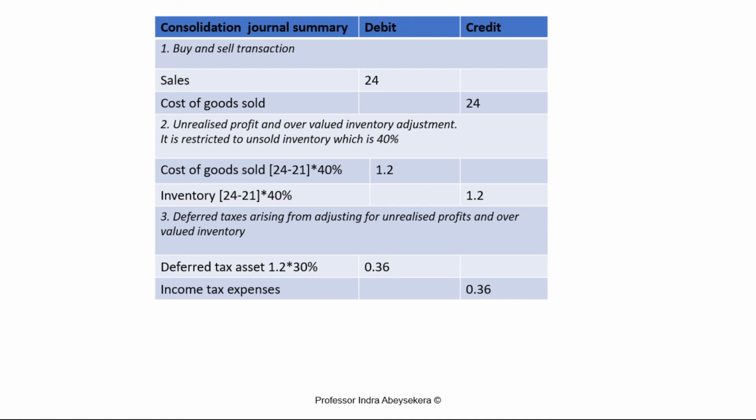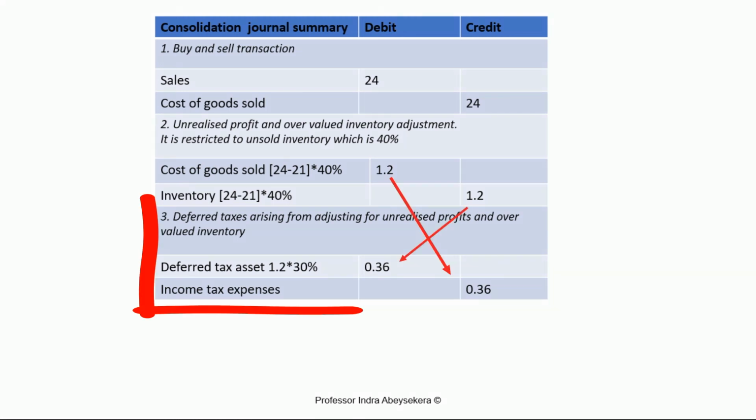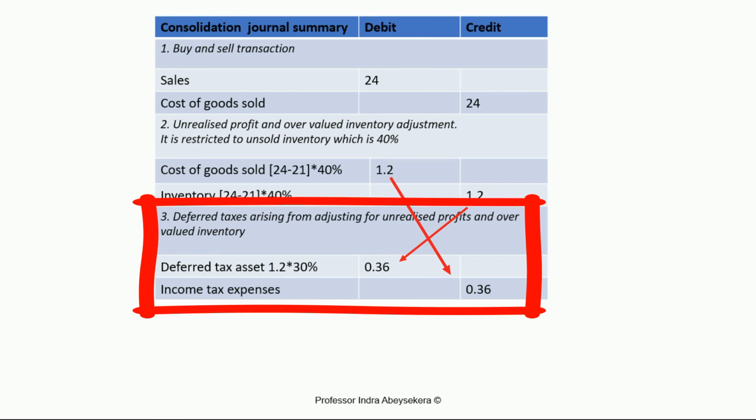Because we are decreasing cost of goods sold and decreasing inventory value, there's a taxation impact. So our third entry is to account for the deferred taxes and the income taxes from adjusting for the unrealized profit and overvaluation of inventory. Because we are increasing expenses, the profit decreases in the group.